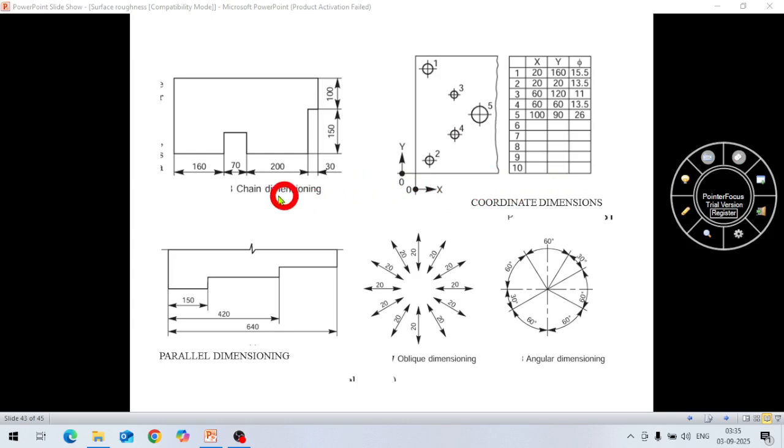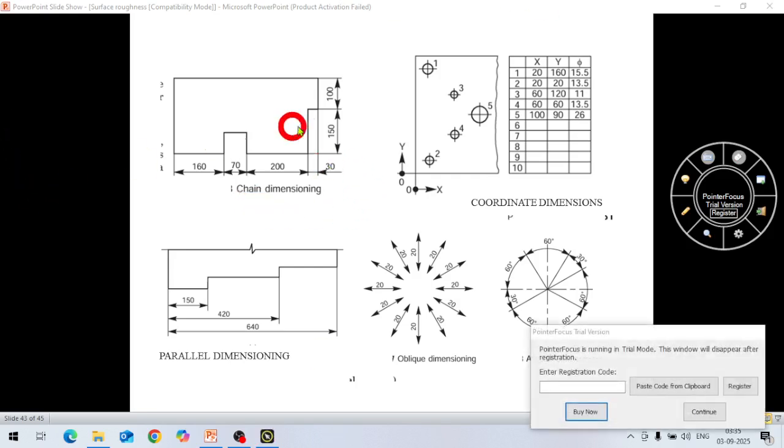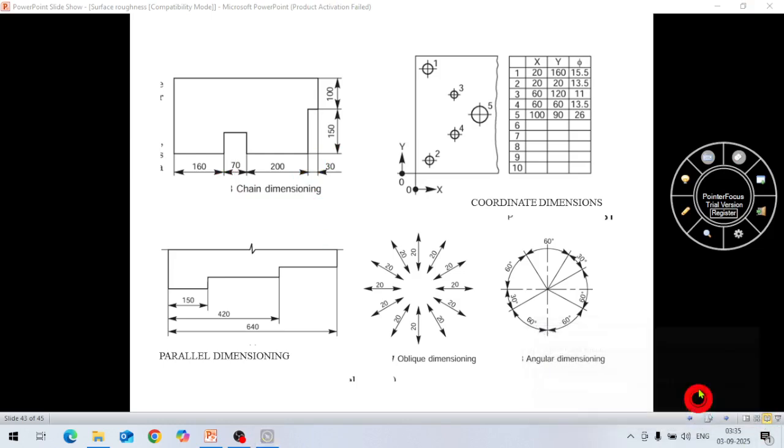Okay. Next, if you see here, this is chain dimensioning. What is chain dimensioning? From one edge to another edge, you give this dimension. Then from there, you give the second dimension.